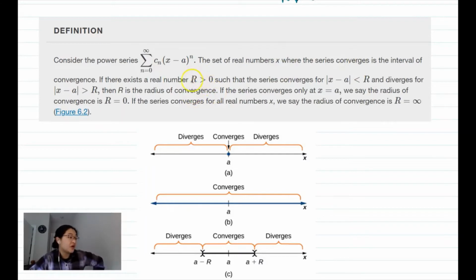We have an R value, which is where our series is going to converge or diverge, and R is our radius of convergence, this distance, right, that's our R. If our series converges only at A, x equals A, at that one point, then we don't have a radius of convergence, so the radius is 0. And if we have convergence for all numbers, then our radius of convergence is infinity, and we have an infinite interval of convergence.